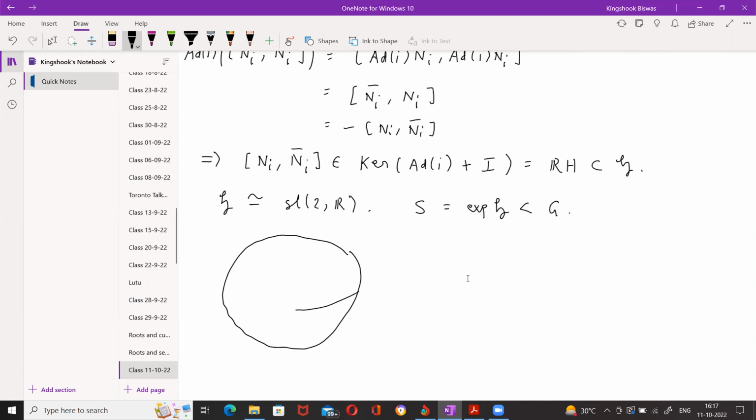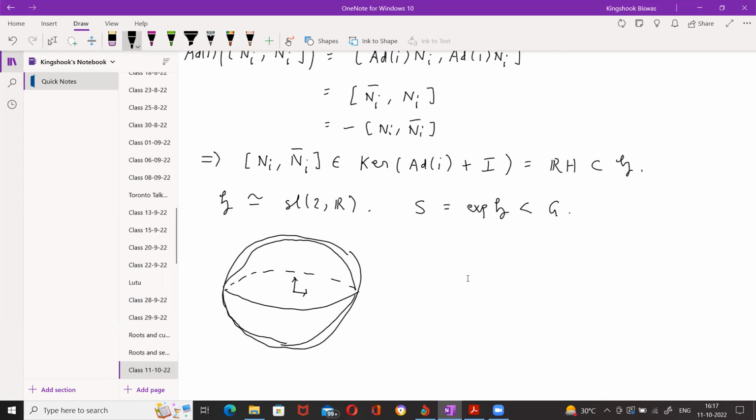Now if I look at the image, say I'm in the ball model. I have my H and I have my Ni, and the image is going to give me a disk like this, a vertical disk in the middle. This disk is totally geodesic.